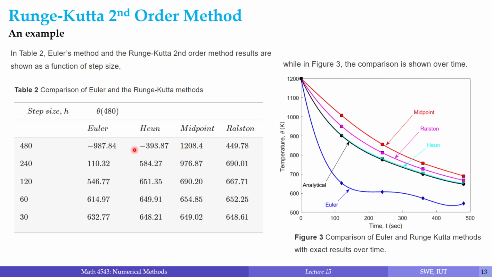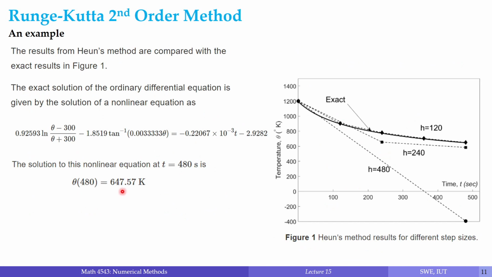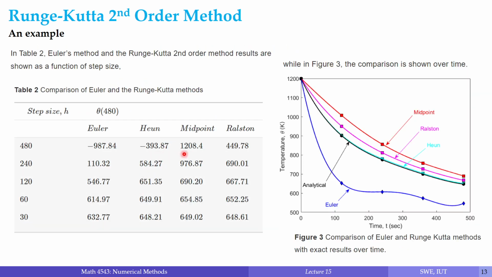When our actual value was, if you recall, 647.57 kelvins, these three values are better approximations, of course, with a very big step size of h.